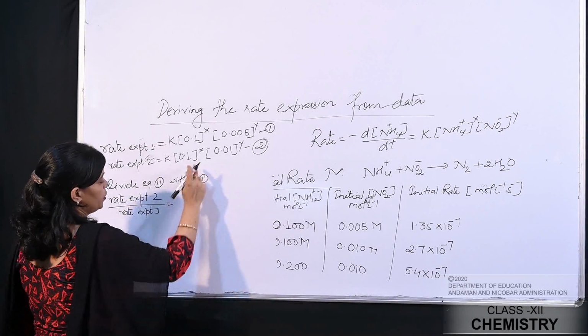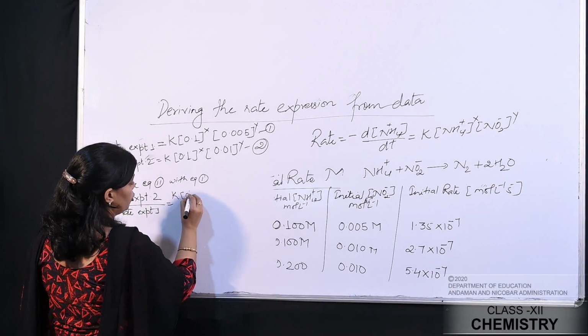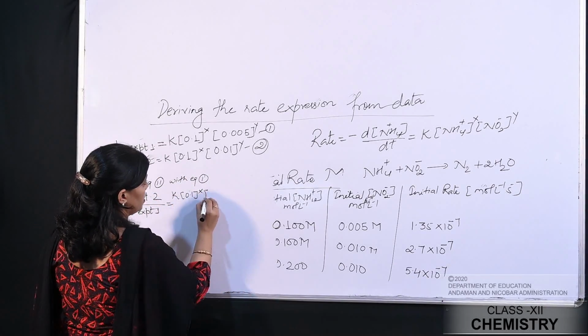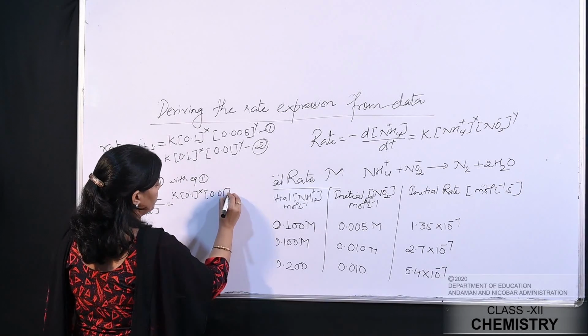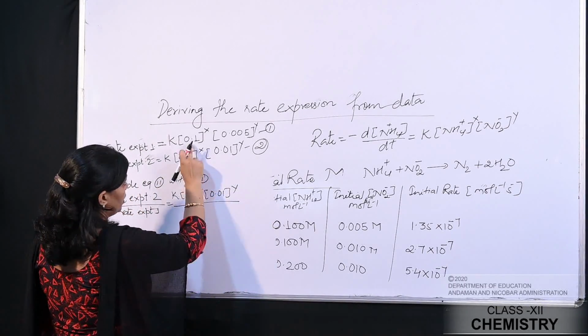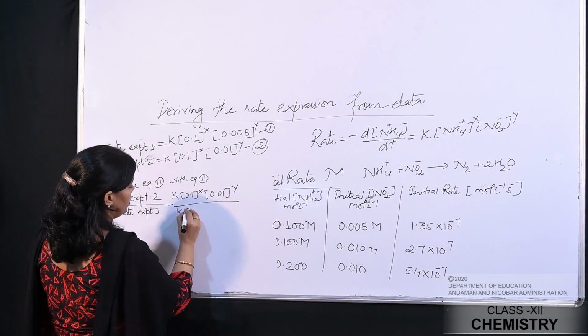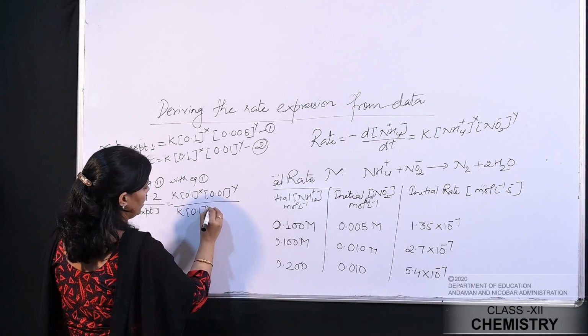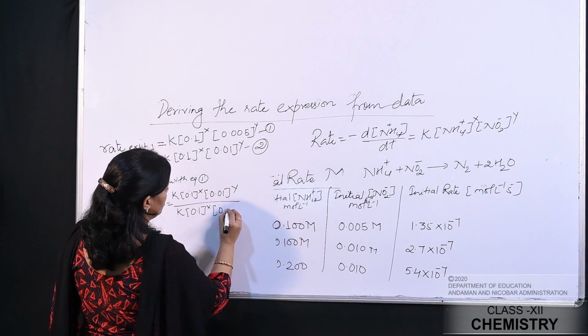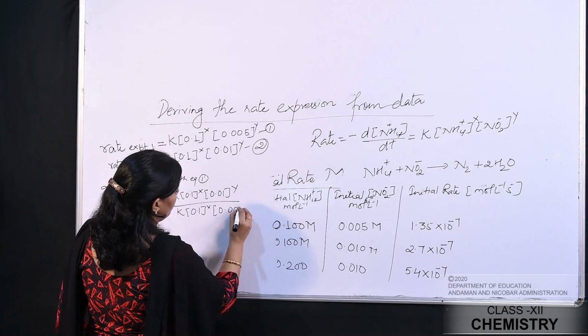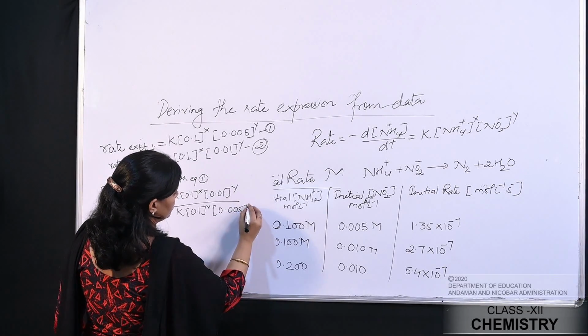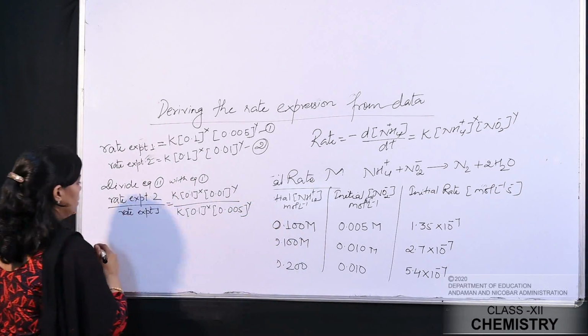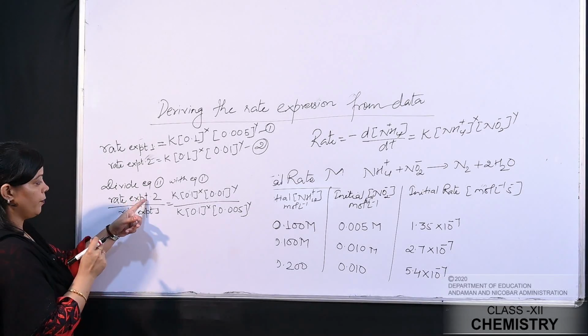Then what is experiment 2? That is k, 0.1 power x, 0.01 power y. For experiment 1, that is k, 0.1 power x and 0.005 power y.